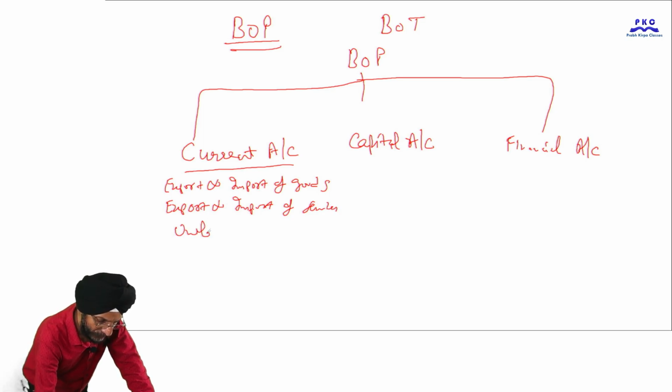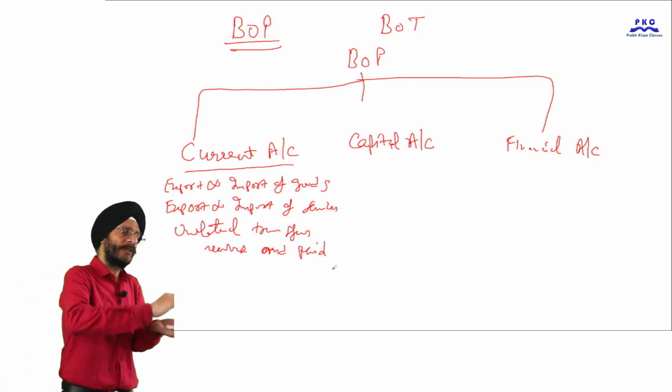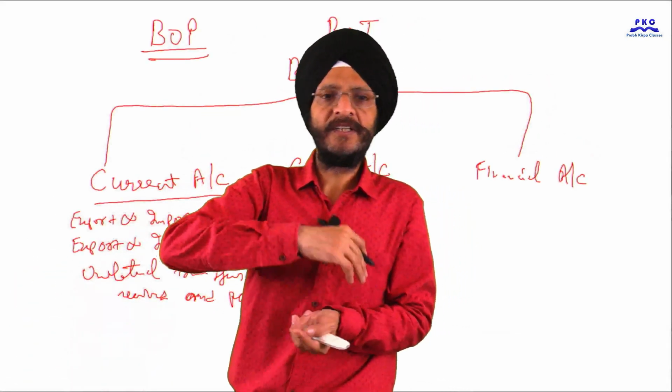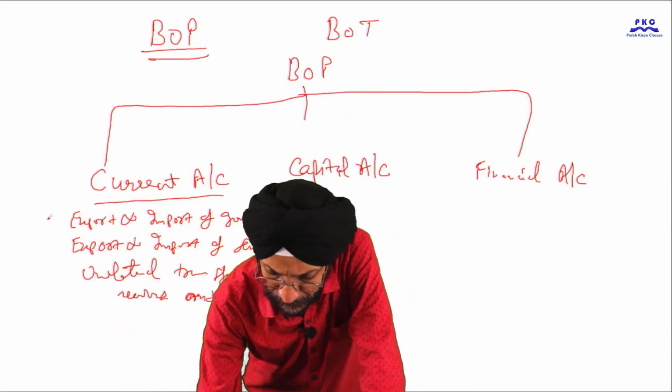Then unilateral transfers received or paid, received and paid. We may be receiving certain transfers, we will also be taking note of the same, and what in unilateral transfer we have paid, we will also be taking note of the same.